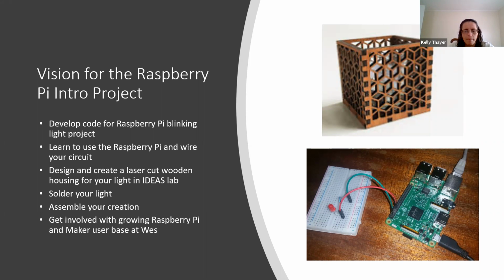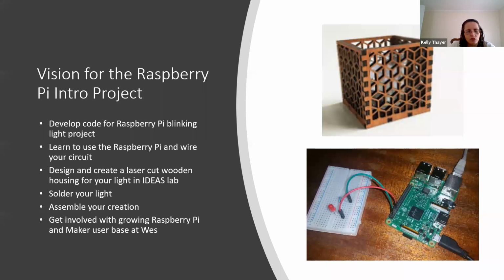So we wanted you to make a housing for this, and then also develop your own blinking light. Here's a Raspberry Pi controlling a blinking light, and the idea is you would take this light and put it inside this housing instead of, say, a candle, and you could have it blink out something interesting. What that interesting thing will be is what you'll work on today.